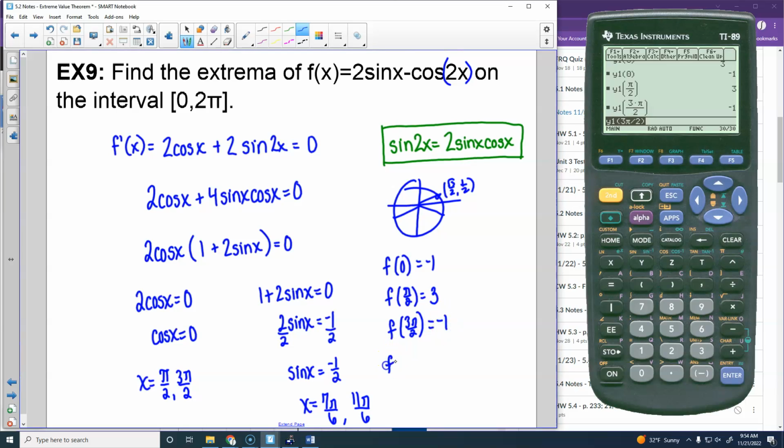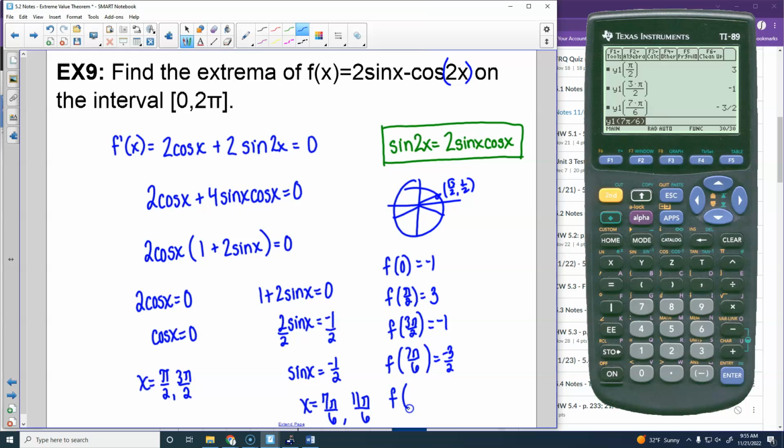I've got f of 7 pi over 6. y1 of 7 pi over 6, and I got -3/2, or -1.5.